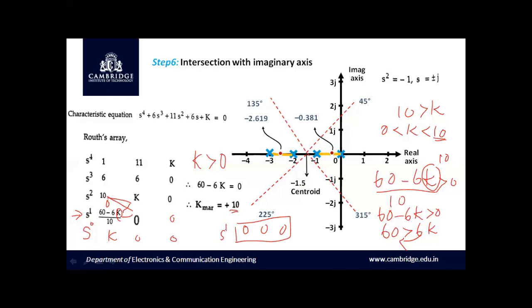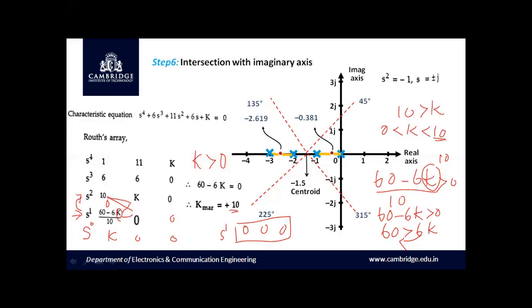So we know the procedure. We have to take the row which is previous to the complete 0 row and represent that s square row in the form of an auxiliary polynomial, and find the roots of the auxiliary polynomial.